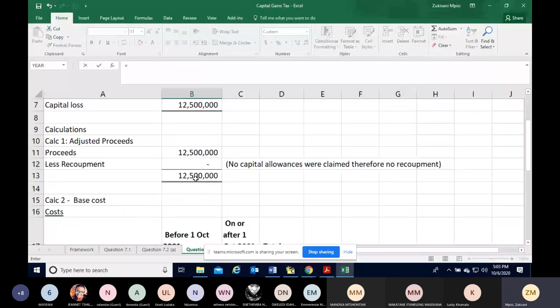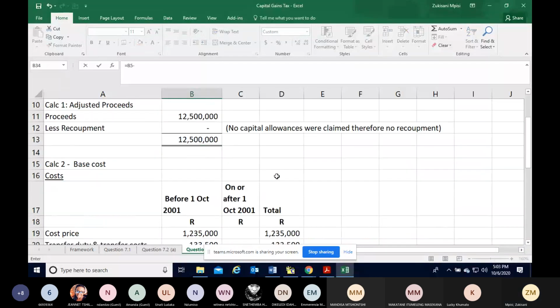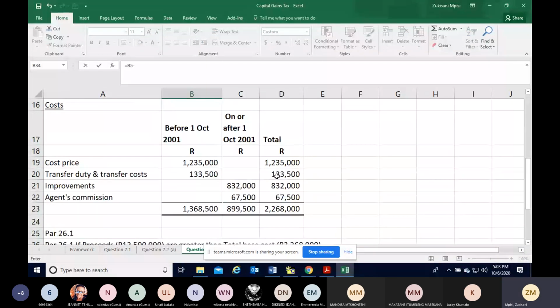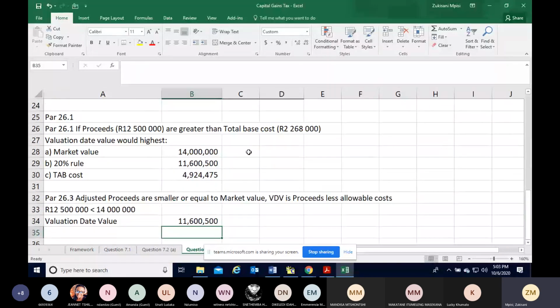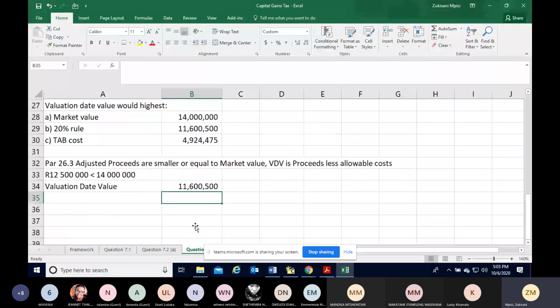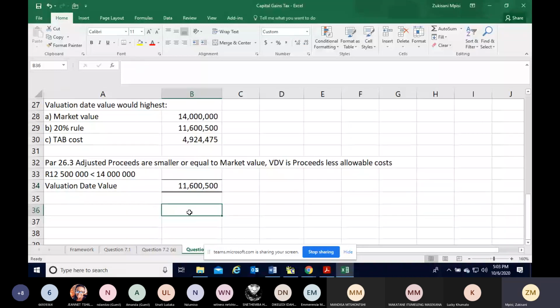So what is our proceeds? Our proceeds, remember, it's 12,500,000. It's gonna be minus allowable cost of 899,500, which gives you 11,600,000. So this becomes the valuation date value. Is there any questions?